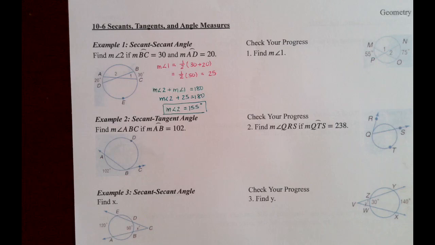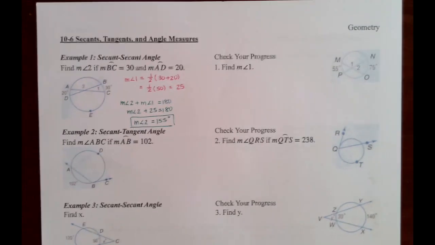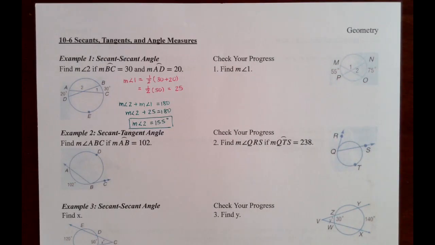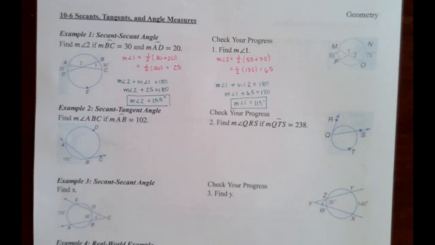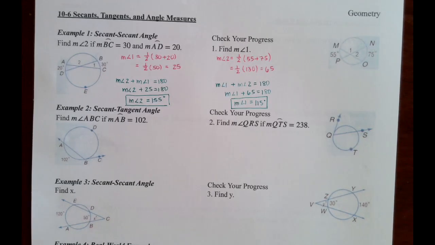Why don't you try CYP1, and once you're done, come check your answer. You should have gotten 115 degrees, whether you used method 1, which I did, or method 2, as in the book. You should still get the same answer. If you got that right, you can move on to the next example. If not, here is your explanation.